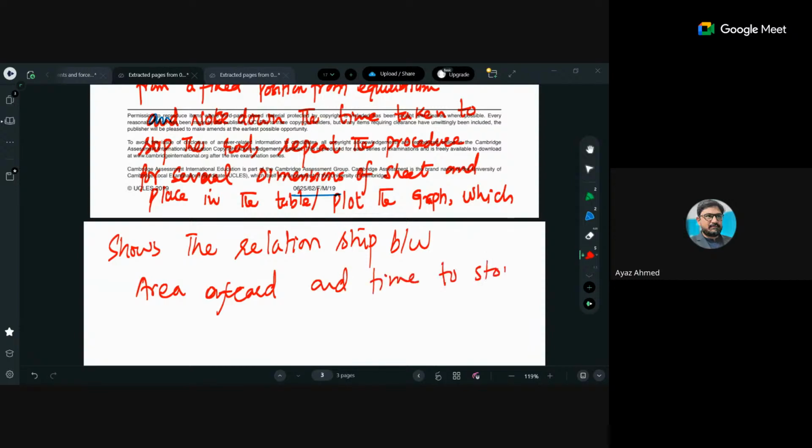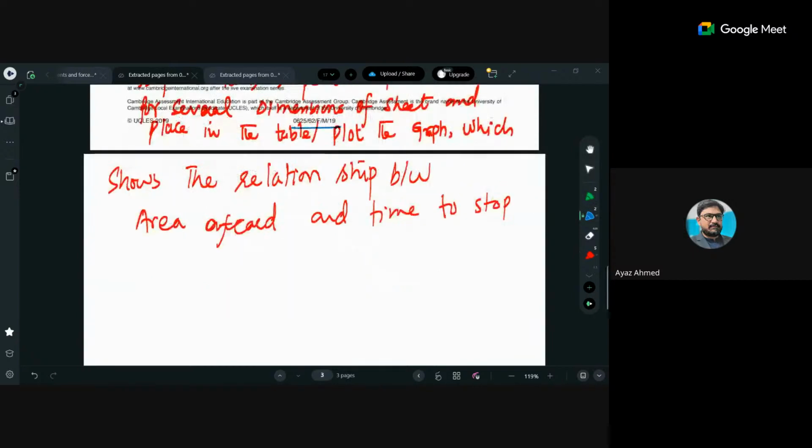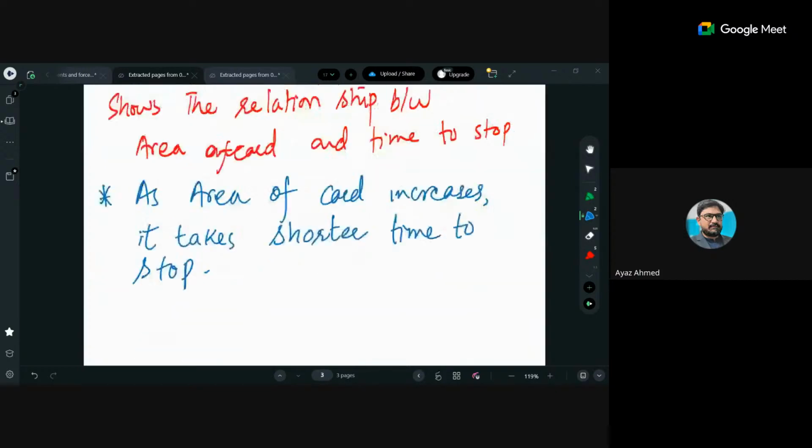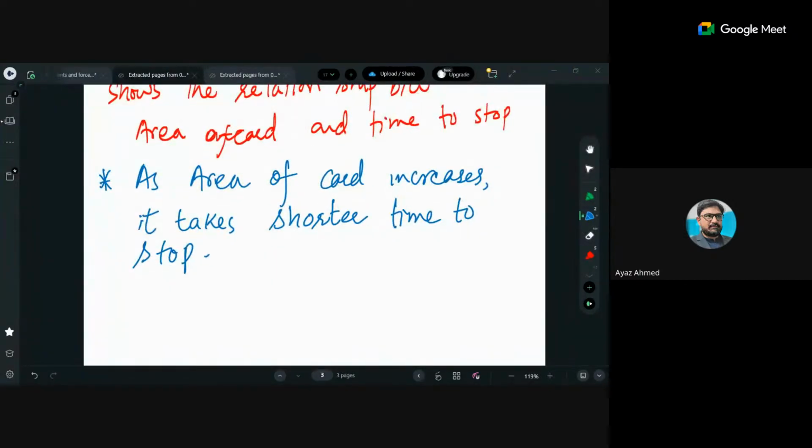Or in other words, you can also write that as area increases, or area of card increases, it takes shorter time to stop. This is actually the conclusion. So you will get 1 mark for conclusion and the rest for the procedure and so on. So overall, this is done.